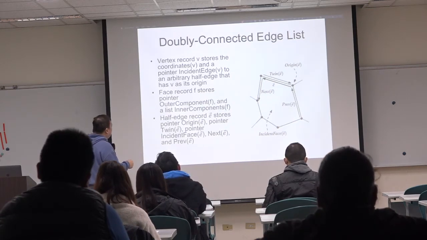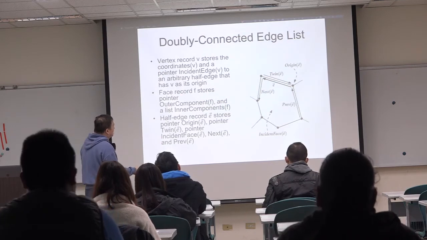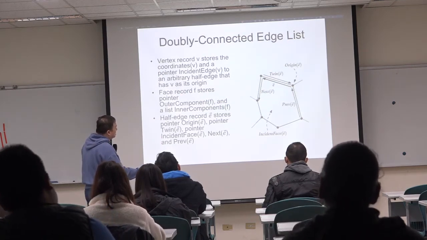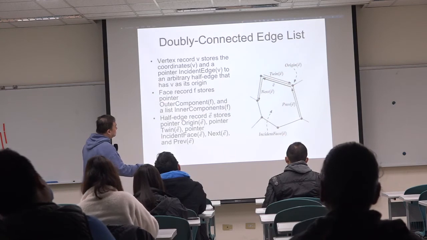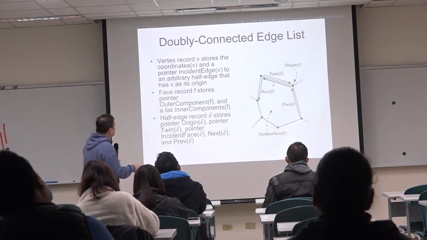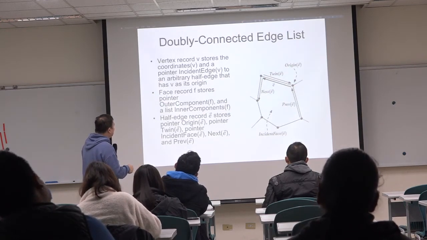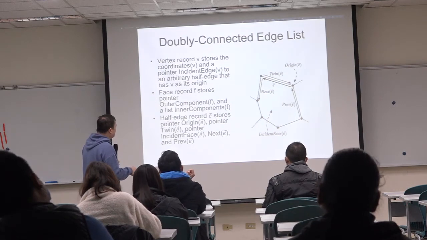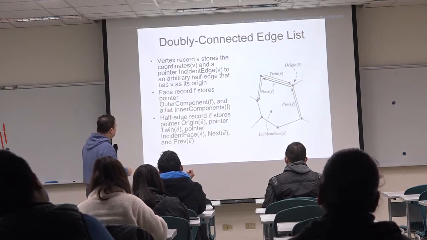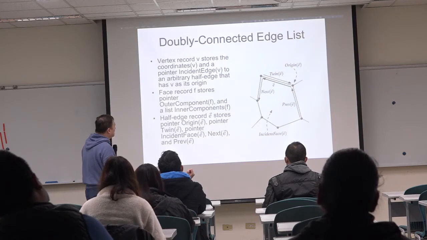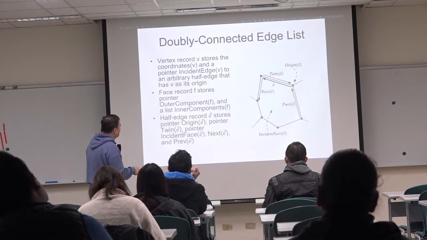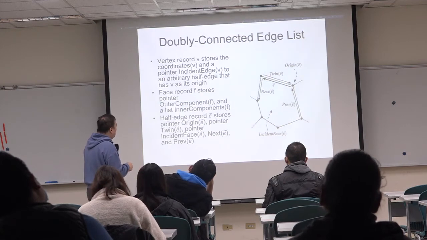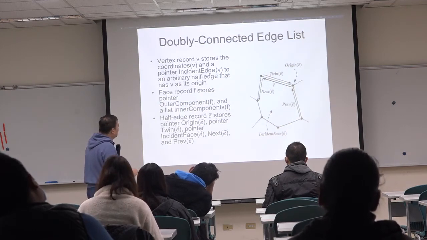And the face record F. For example, this is a bounded face. So this face record F stores a pointer OuterComponent(F) and a list of InnerComponents(F). What is the outer component? What is the inner component? I will explain using an example.